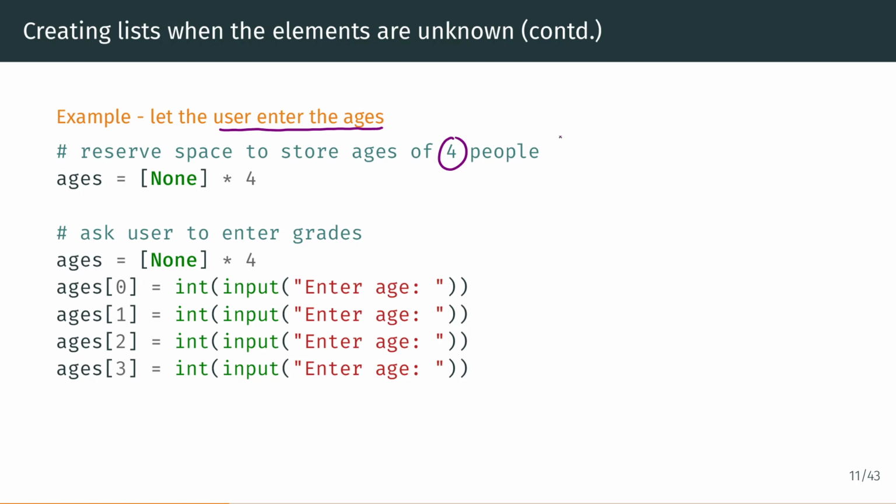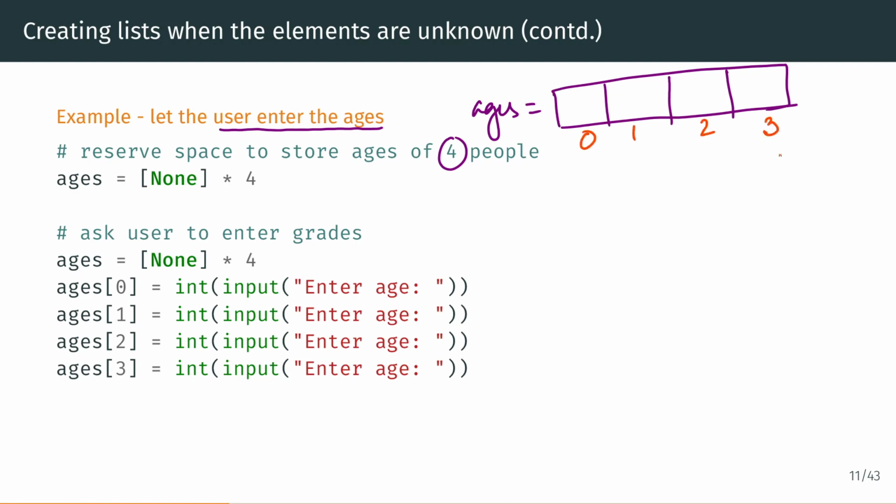What happens here is you create a new list of size 4, you call it ages, and you also assign the unique indices to each of these positions, which are initially empty. None is a synonym for empty or nothing.